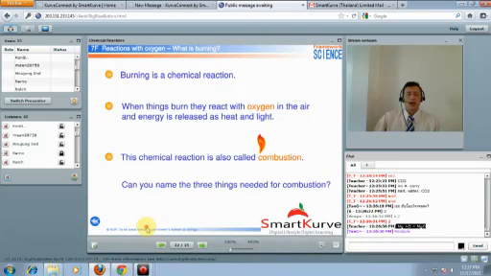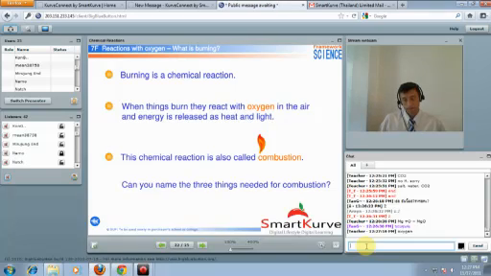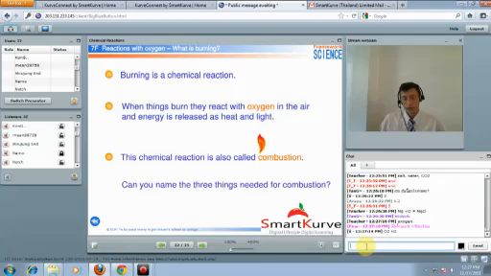Let's look at the bottom of the slide. Can you name 3 things needed for combustion? Well, we know one of them is oxygen. We're going to need oxygen. Not hydrogen.